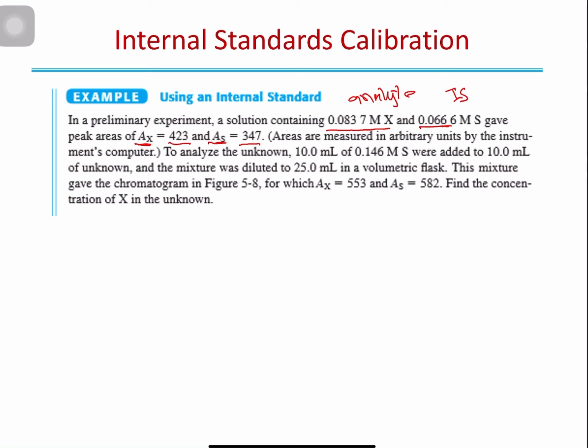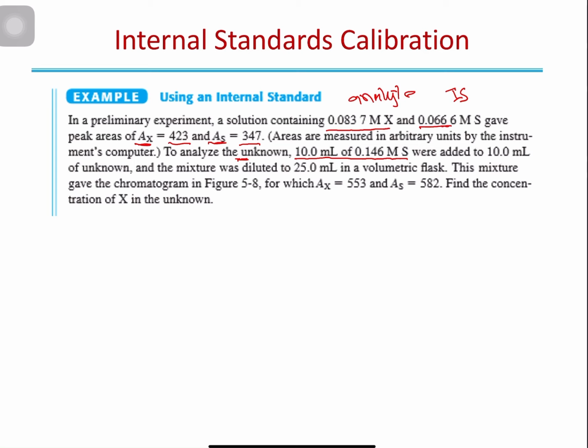This is the data from the first run, and we are going to use it to calculate the response factor. Then, to analyze the unknown, we use 10 ml of 0.146 molar of the internal standard. We don't know the concentration of the unknown, but we know the concentration of the internal standard, 0.146 molar.